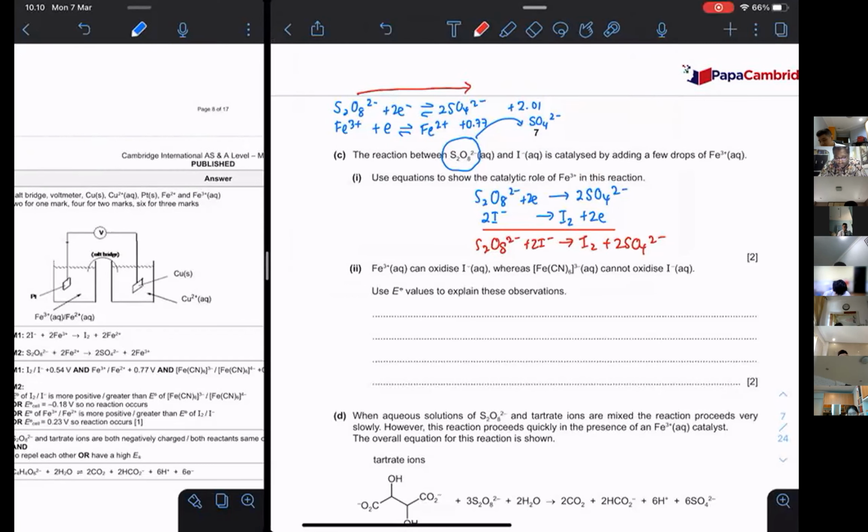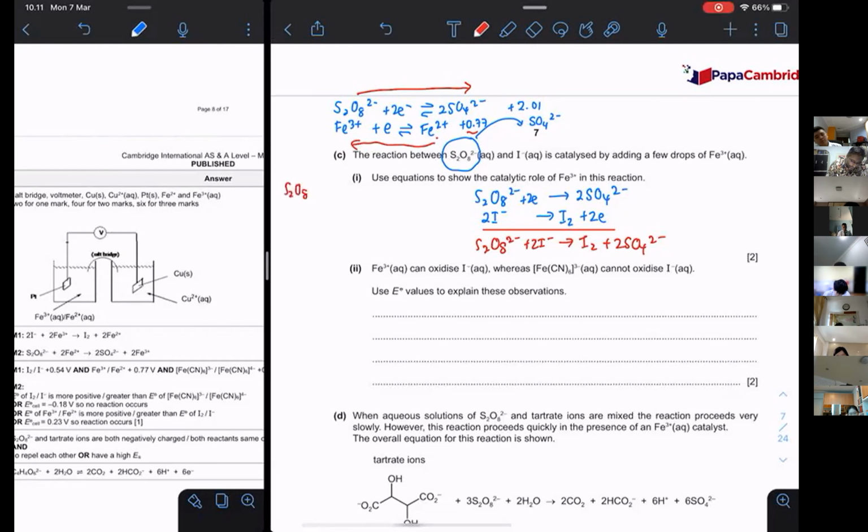It's 2.01, and if this is 2.01, the other is a smaller value, so that one will go backwards. This is something you need to know. It means that S2O8 actually reacts with Fe2 plus, for those who do not know.